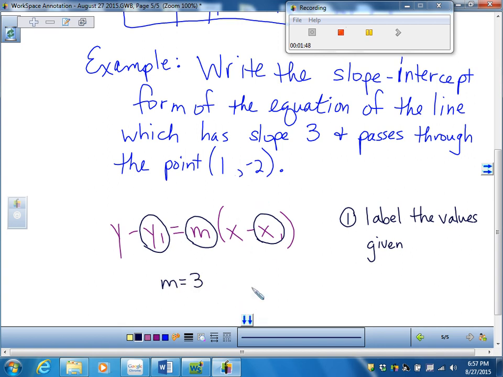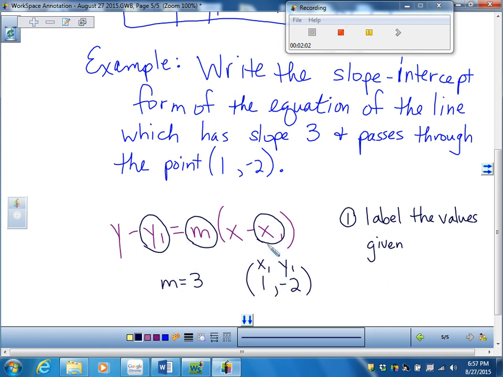I'm going to take the point 1, negative 2, and that's going to be my x1 and my y1. Now you can see why I circled up here in my formula the y1, the m, and the x1, because those are the values that I'm going to be plugging in.